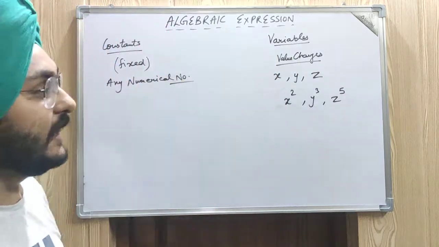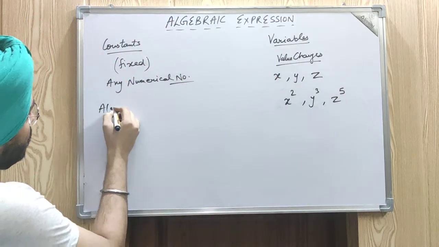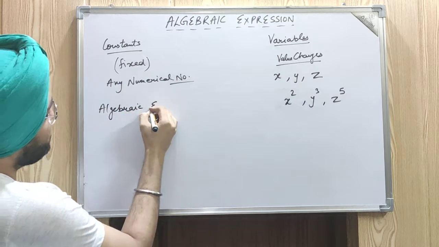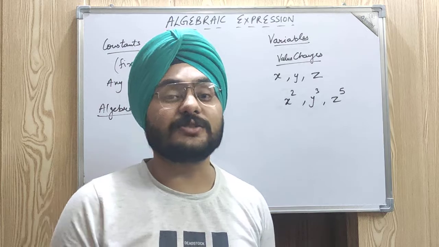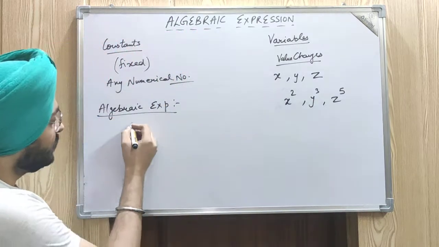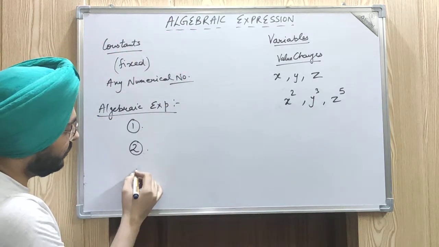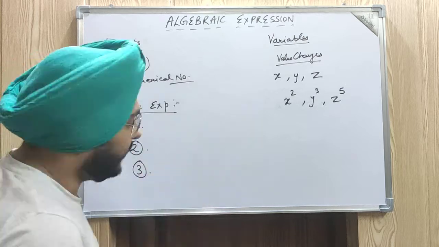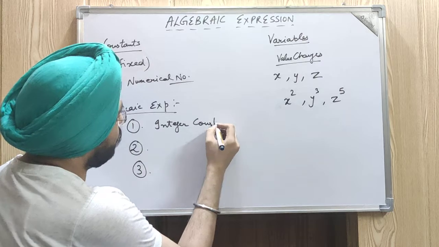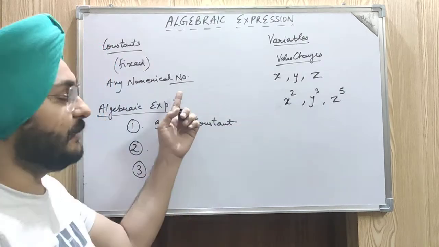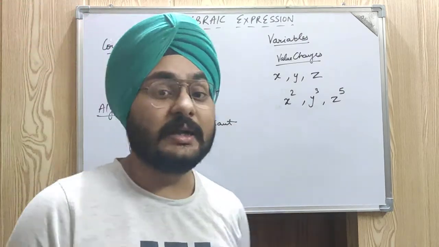Now coming to the algebraic expression. Okay, this algebraic expression is formed by using three things. Okay, I'm writing here 1, 2 and 3. The first thing is integer constant, which means the constant in algebraic expression is always an integer.